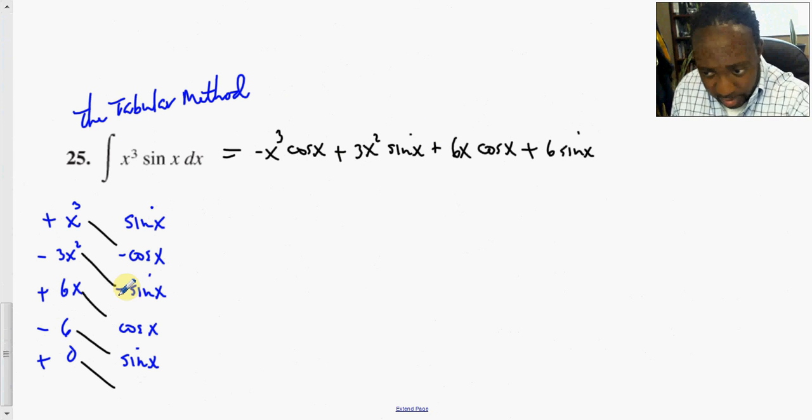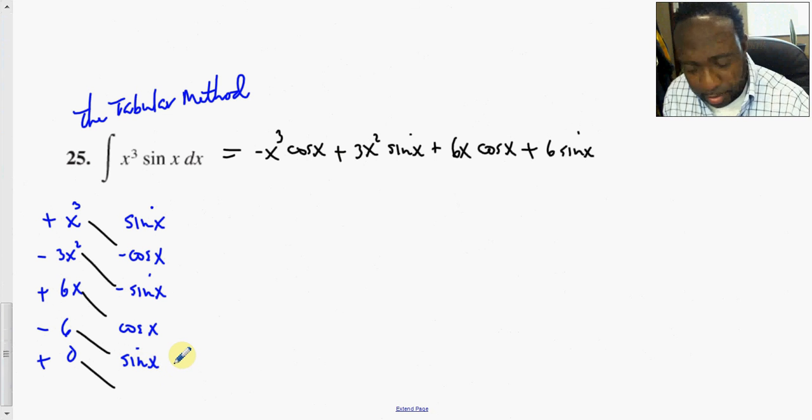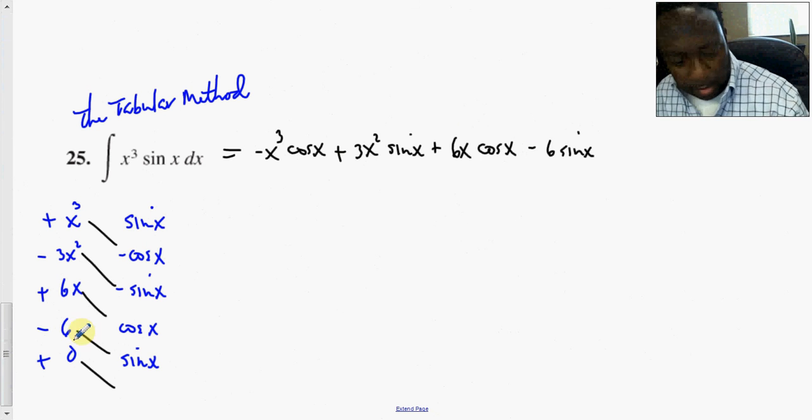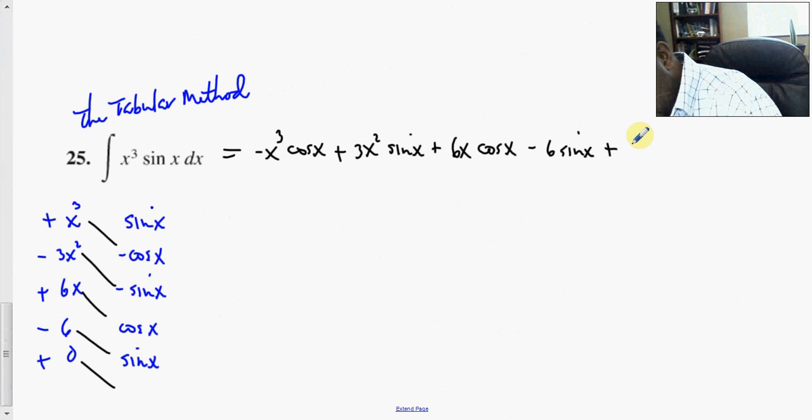I wasn't going by that. I was just making up some stuff. And I should know that. And we don't use our feelings. And then this is minus 6 sine x plus 0, plus c.